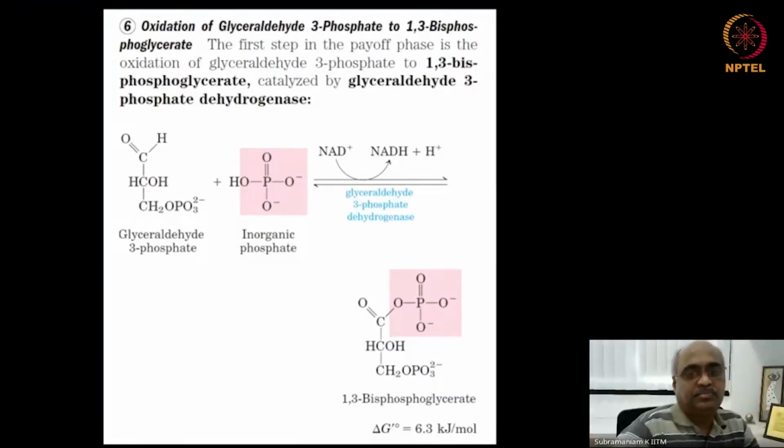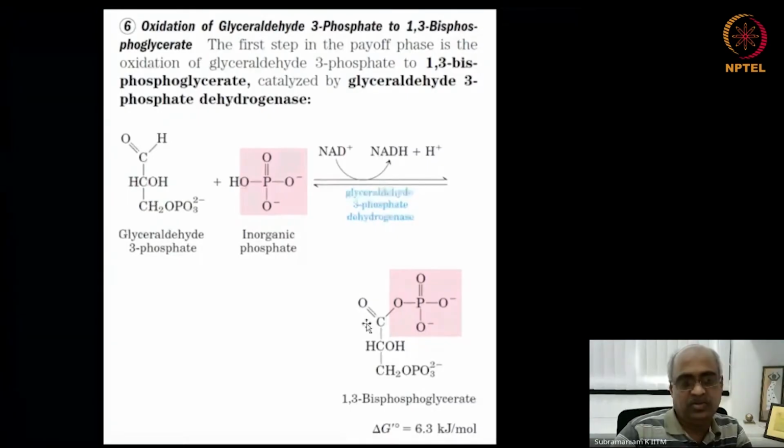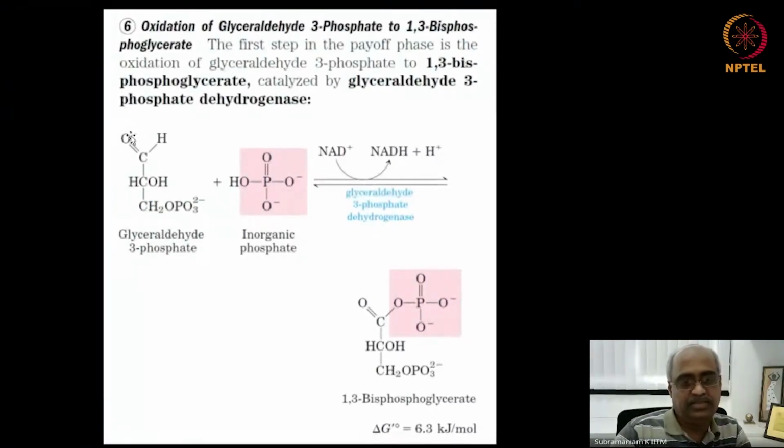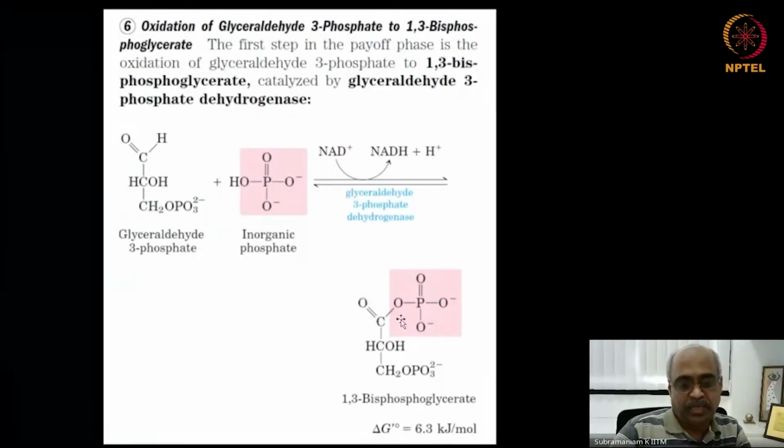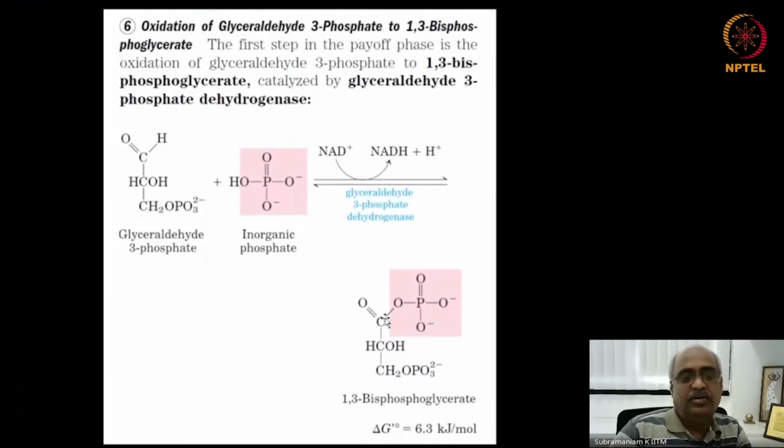So oxidation of glyceraldehyde 3-phosphate is essentially this aldehyde group, shown here on the left top, getting oxidized into a carboxylic acid group, and the energy is conserved in making a phosphate mixed anhydride bond with an inorganic phosphate.